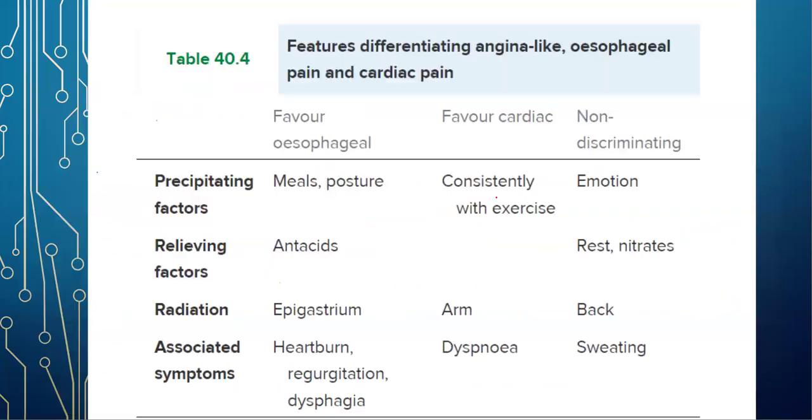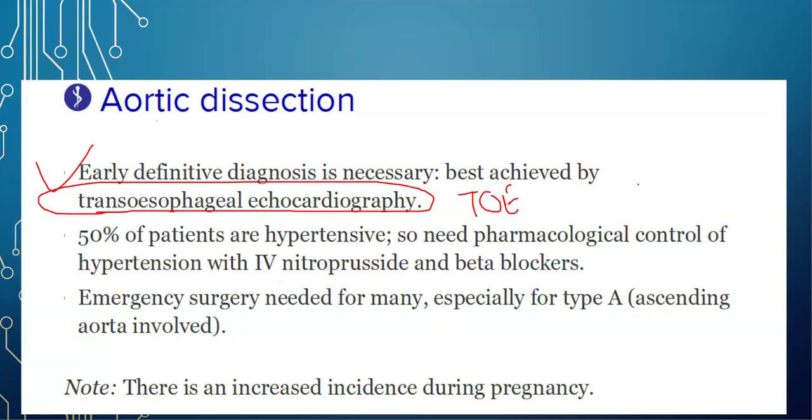Aortic dissections are of two types. So this is the ascending aorta, and you have got three big arteries: the brachiocephalic artery, carotid artery, and subclavian artery, right?